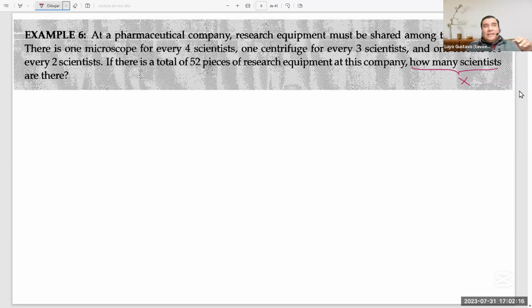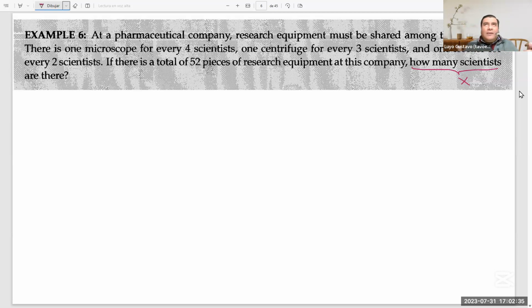Imagine that in the team there are 12 scientists. If there is 1 microscope for every 4 scientists, and there are 12 scientists, how many microscopes would there be? What operation would you do?